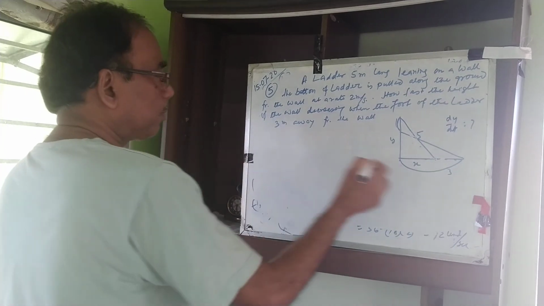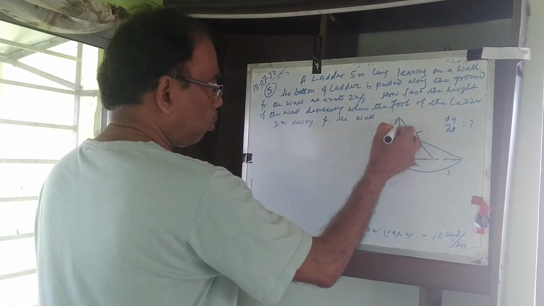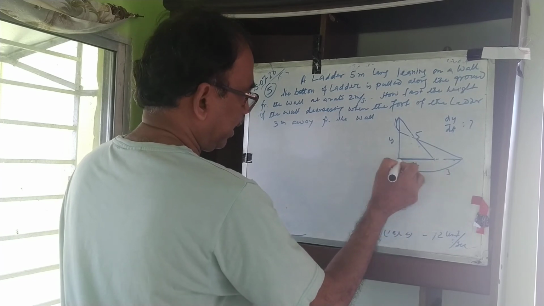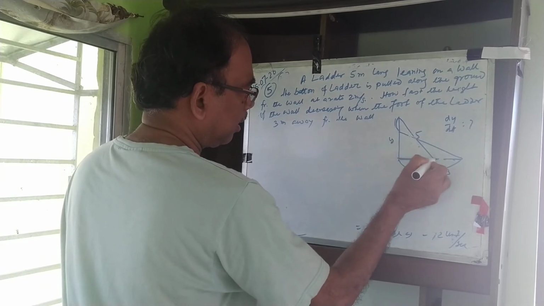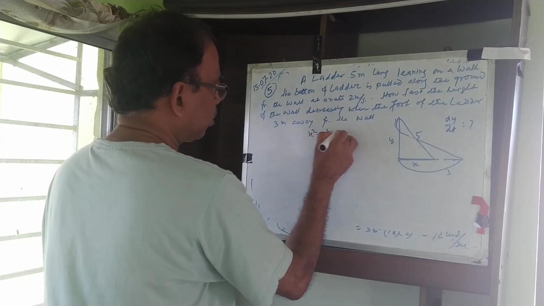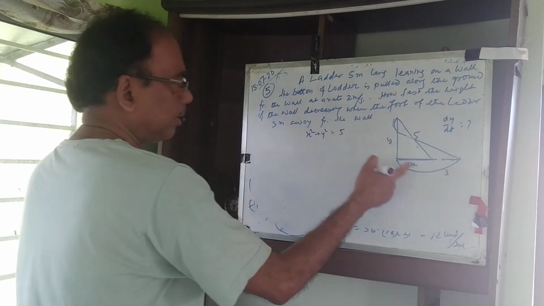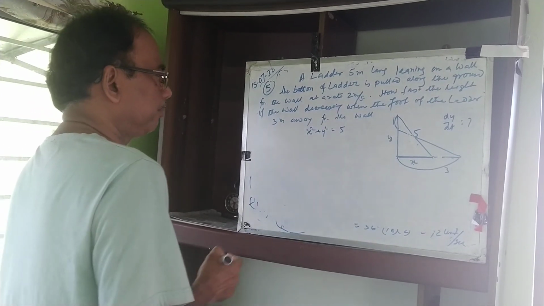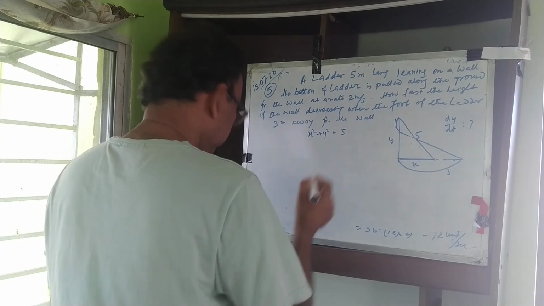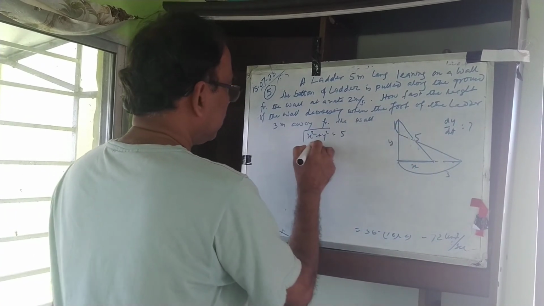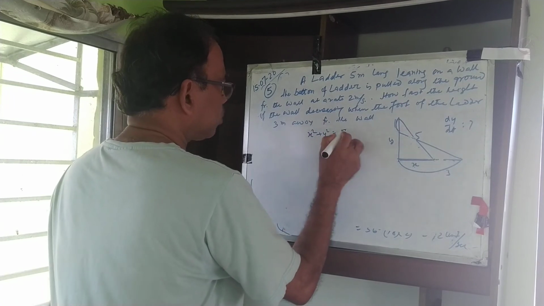So here, first of all, suppose this is x, this is y. The height of the wall is y, and the distance of the ladder from the wall is x. So applying Pythagoras, x square plus y square equals 5 square, that is x square plus y square is 25.